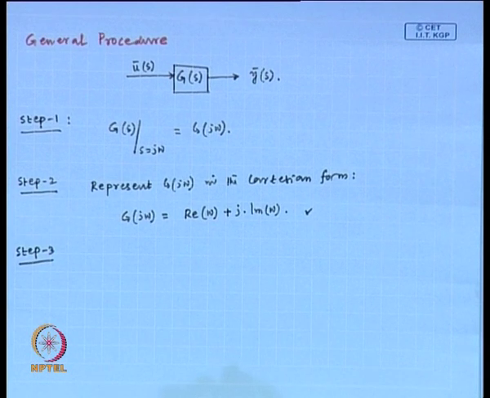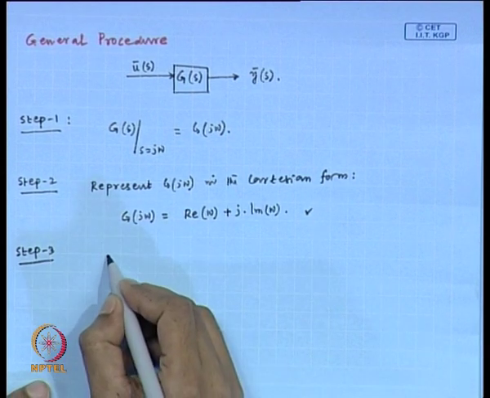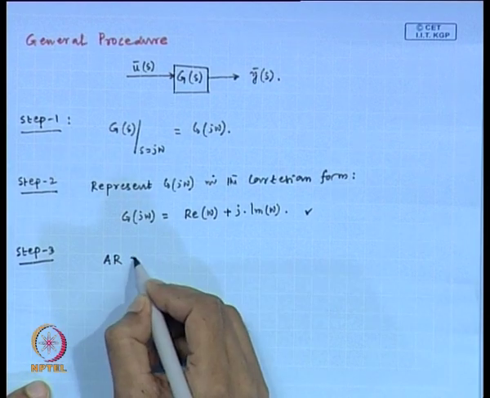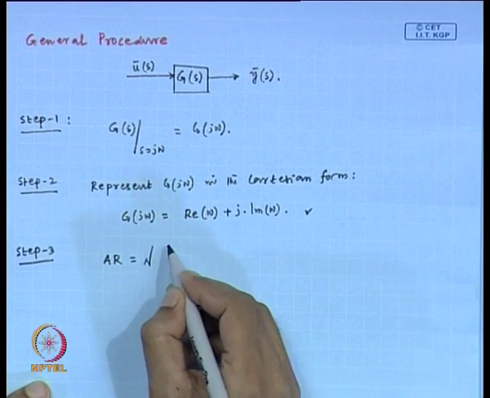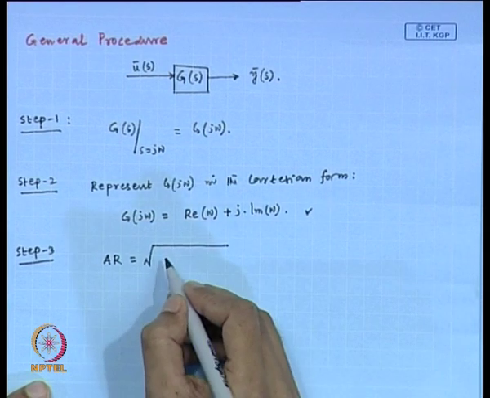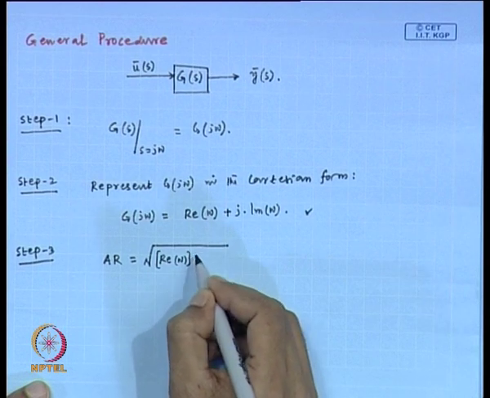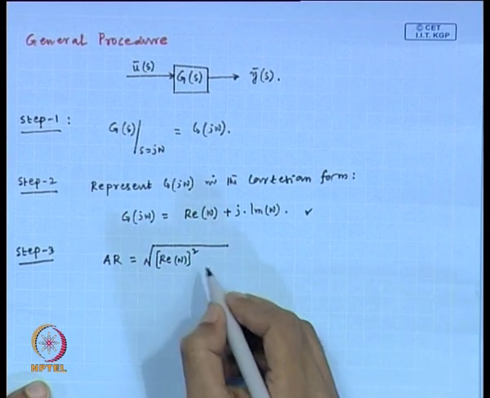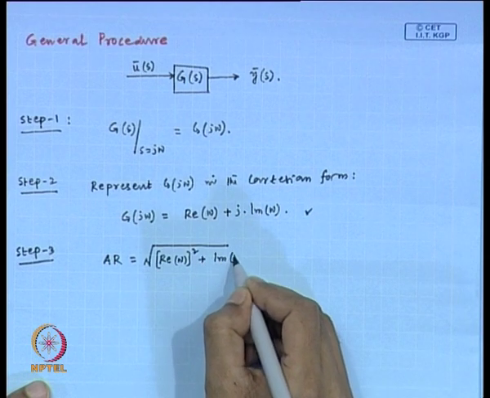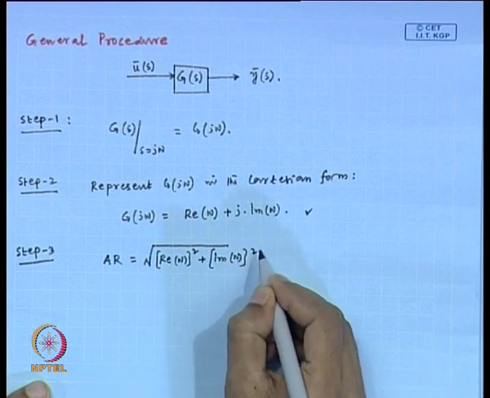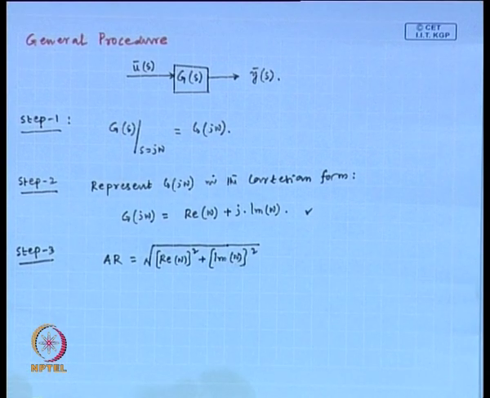In step 3, we can determine the amplitude ratio and phase angle. We know amplitude ratio equals root over of the square of this real part plus the square of this imaginary part. Fine. We can determine amplitude ratio using this.